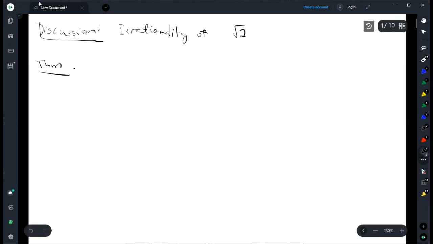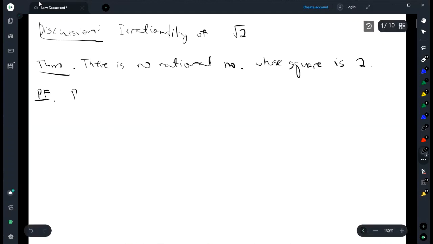But first, let's consider the following theorem that says that there is no rational number whose square is 2.